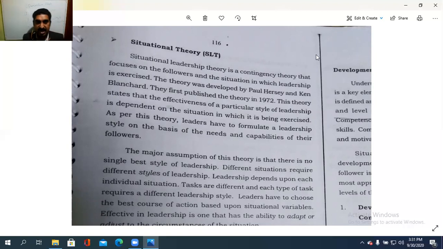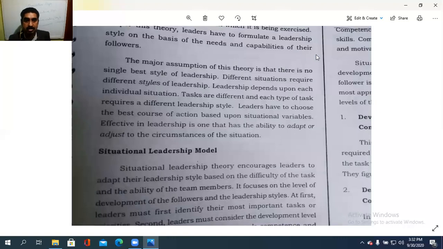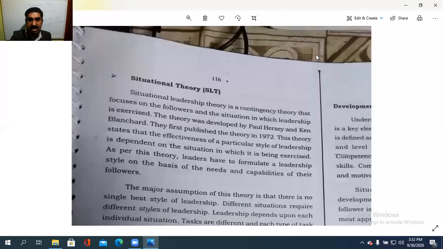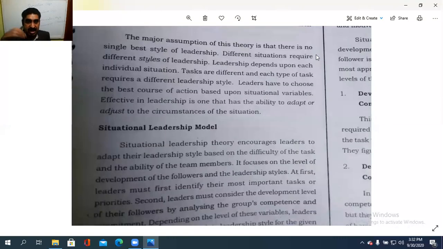As per this theory, leaders have to formulate a leadership style on the basis of the needs and capabilities of their followers. The needs and the capabilities of the followers, based on that particular situation, the leader can follow. That is another contingency theory, situational leadership theory.